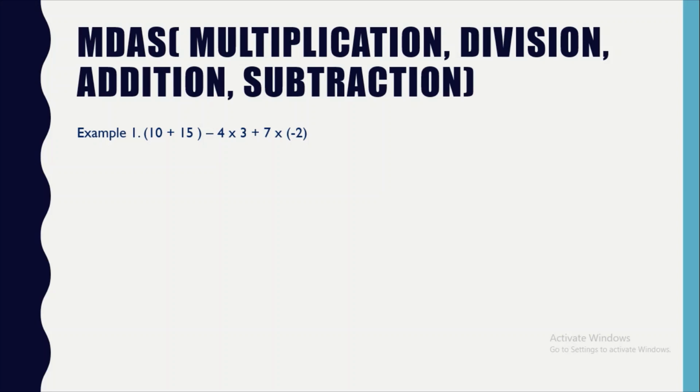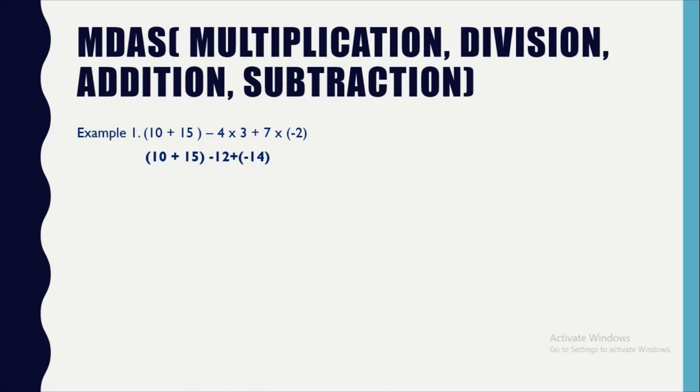So first, multiply 4 to 3. Okay, copy. Quantity of 10 plus 15 minus 4 times 3, that is equal to 12. Plus 7 times negative 2, that is equal to negative 14.